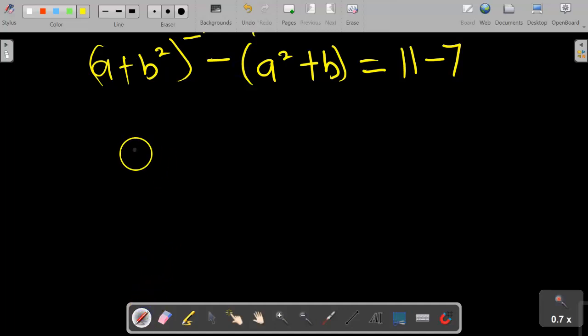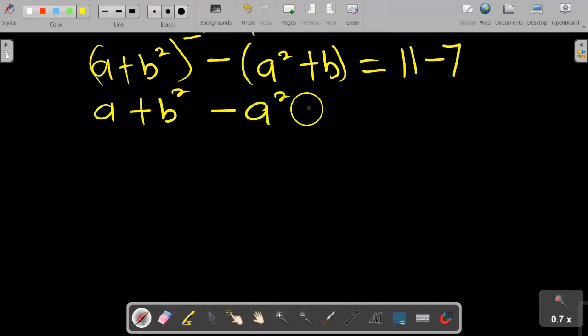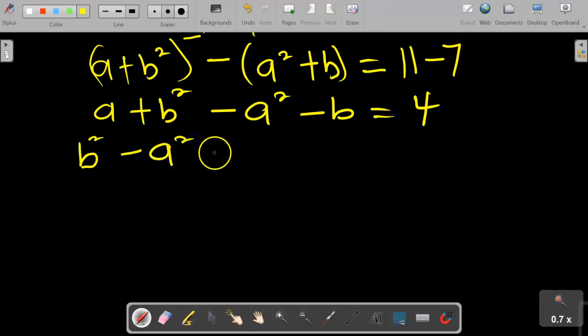Now, removing the bracket so that we can simplify further: a plus b squared minus a squared minus b is equal to 4. Now, you can see b squared minus a squared, a difference of 2 squares. So b squared minus a squared plus a minus b is equal to 4.